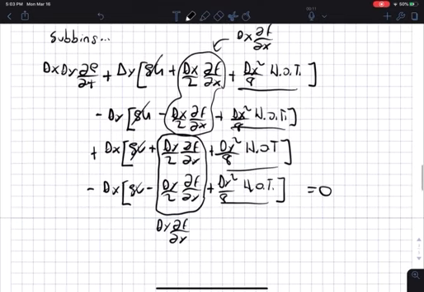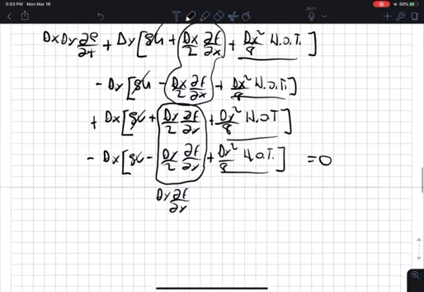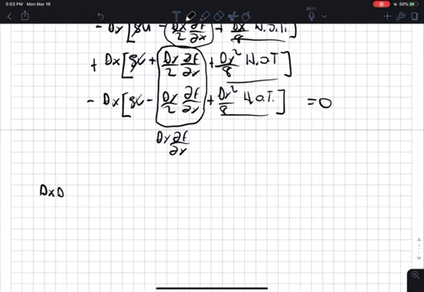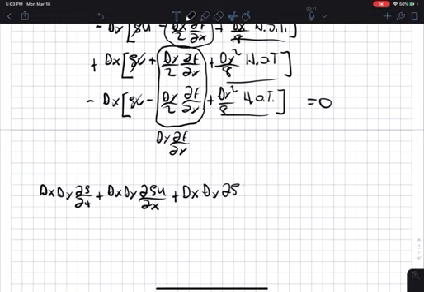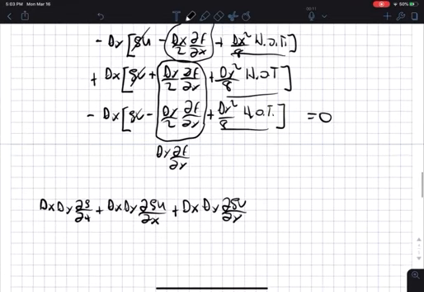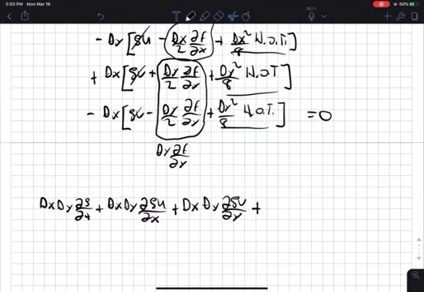Okay, so now simplifying this, we have delta x, delta y, partial rho, partial t, plus delta x, delta y, partial rho u, partial x, plus delta x, delta y, partial rho v, partial y, plus delta x times higher order terms, plus delta y times different higher order terms.